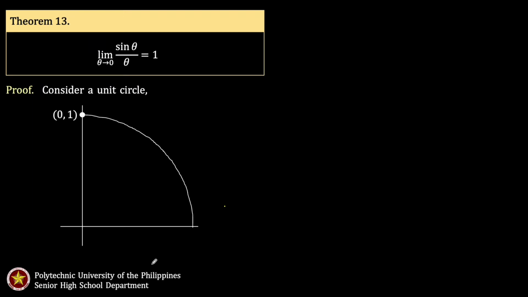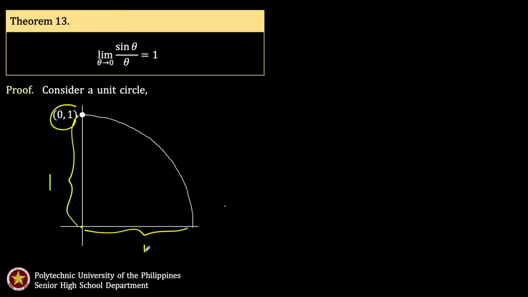Given the fact that this circle contains a 1 unit radius, the measurement from the center to here is 1 unit. That's why the coordinate is 0, 1. And at the same time, from the center to here is 1 unit.